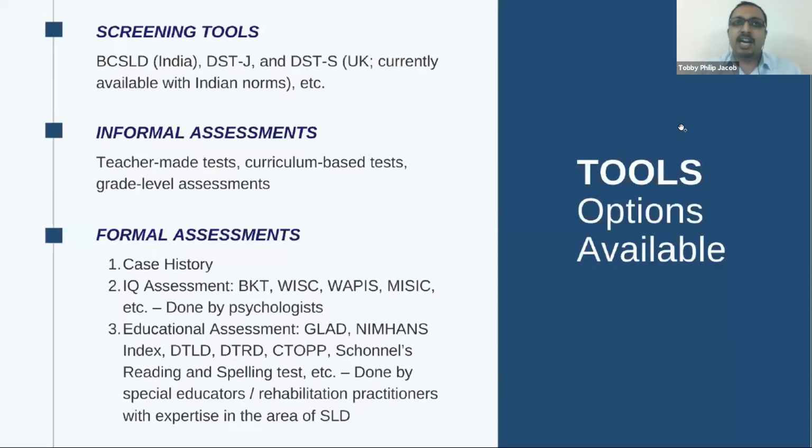They also have an early version, the DEST, Dyslexia Early Screening Test. These were created in the UK and are currently available with Indian norms. These tools help you identify if the child has an issue or not.